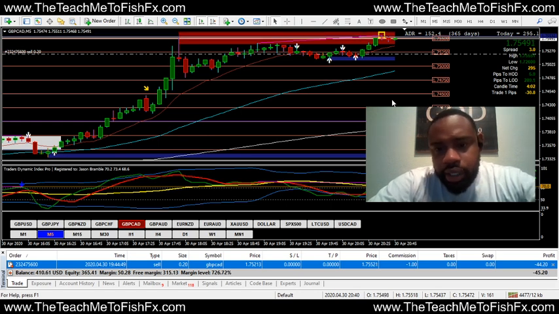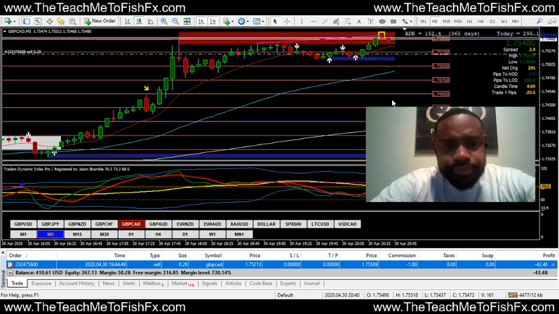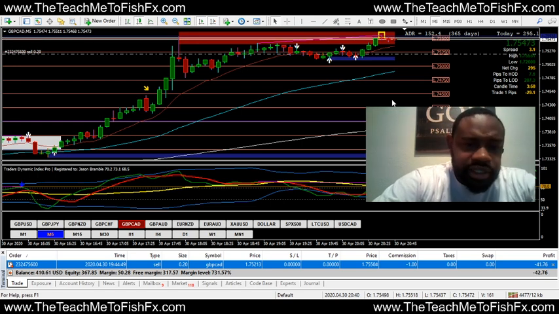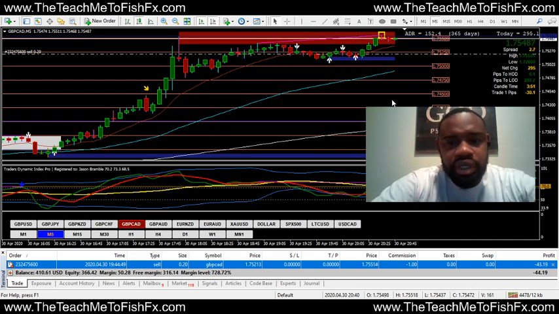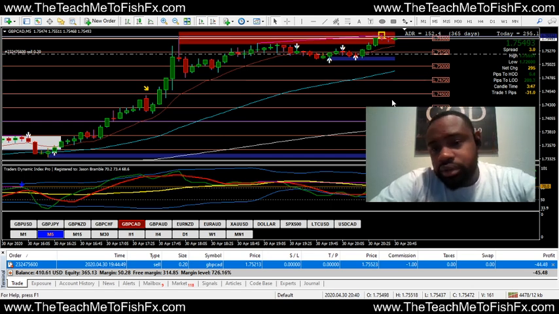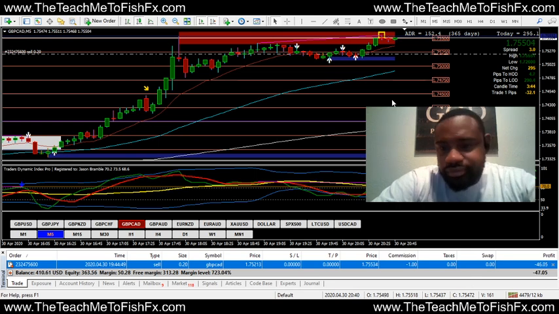TDI is overbought. We have at least 3 levels of rise for the day. So either we're gonna wait it out and see what happens.